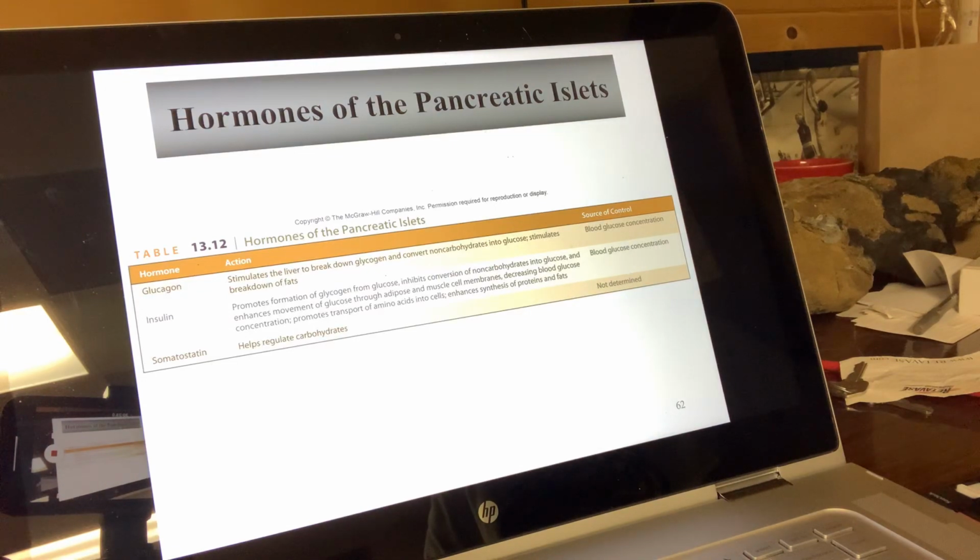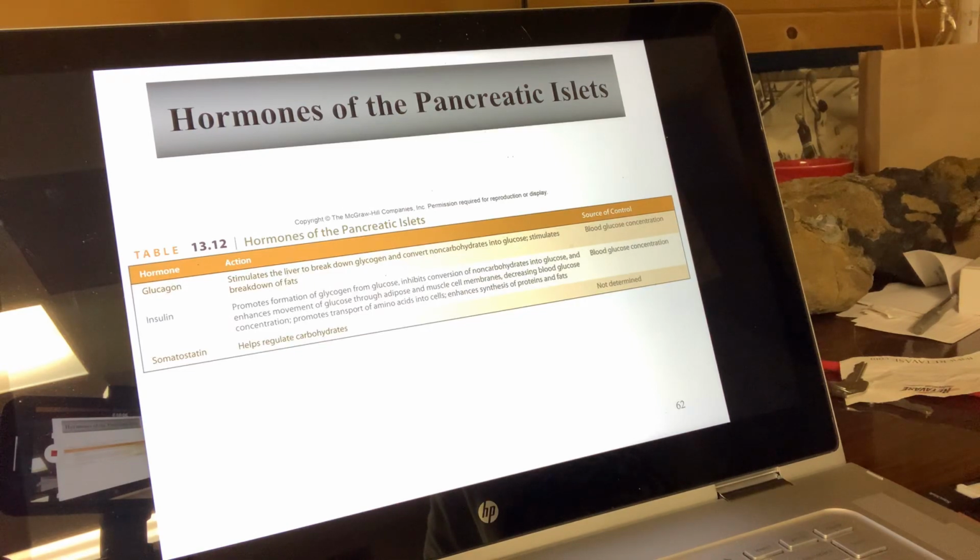Of the three hormones that are produced in the pancreas, we're going to talk primarily about glucagon and insulin, because much like parathyroid hormone and calcitonin, glucagon and insulin are both closely related in monitoring and managing blood glucose levels. In other words, these cells that produce these hormones are sensitive to blood glucose levels.